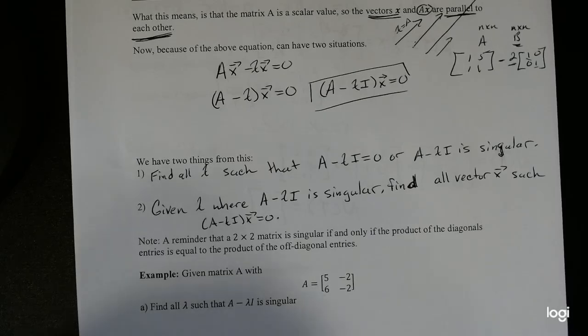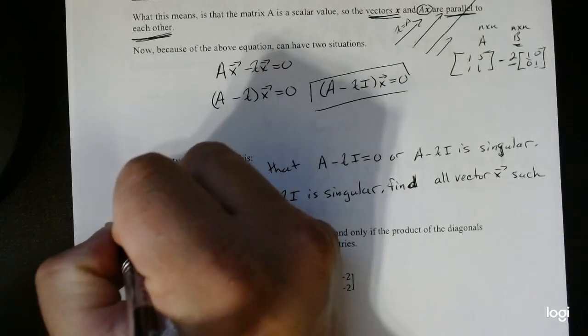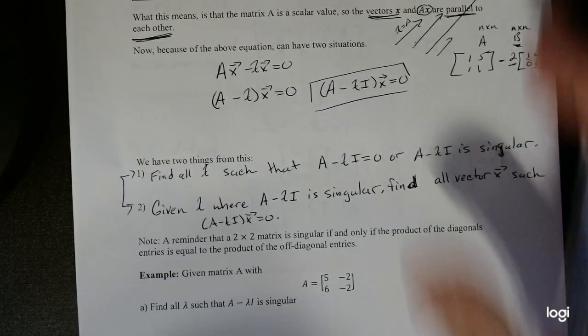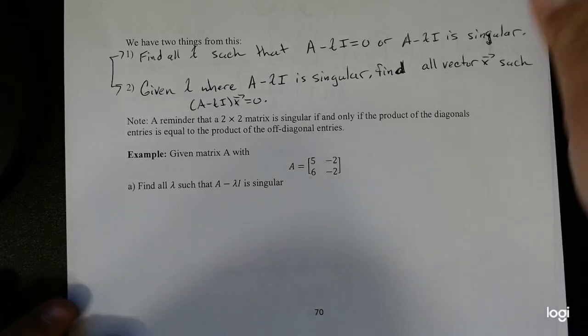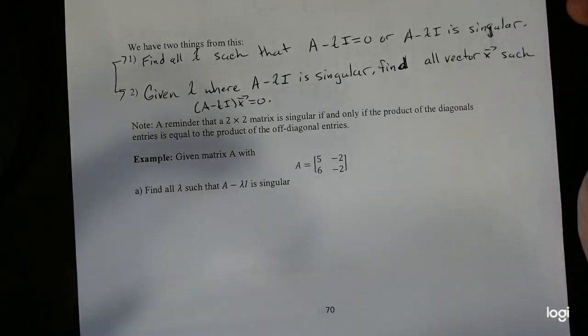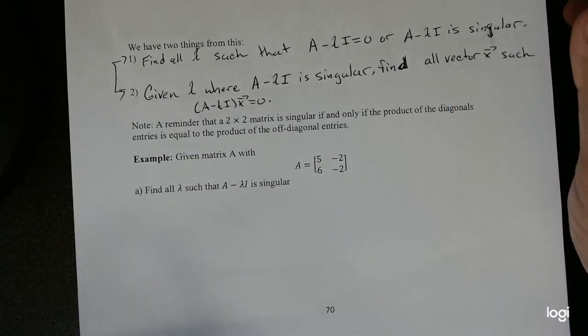So now we have a tall order, because we have to do two things for each individual question: find lambda in such a way that this is true, and then find the vector that's associated with that.